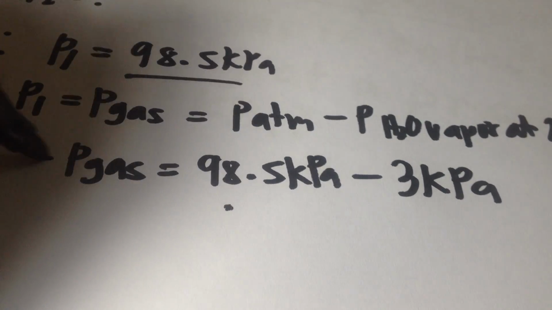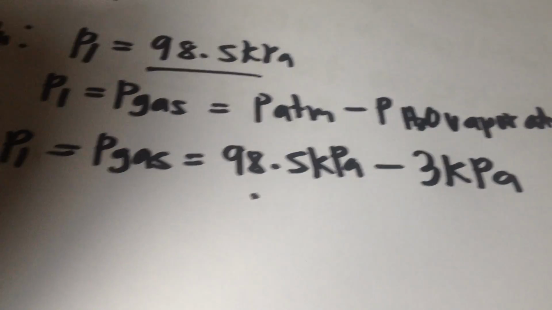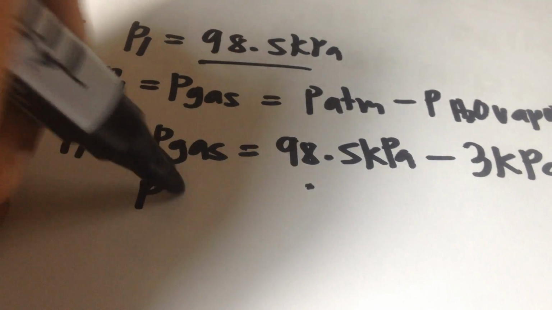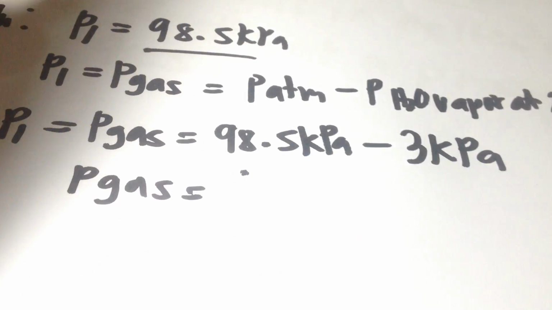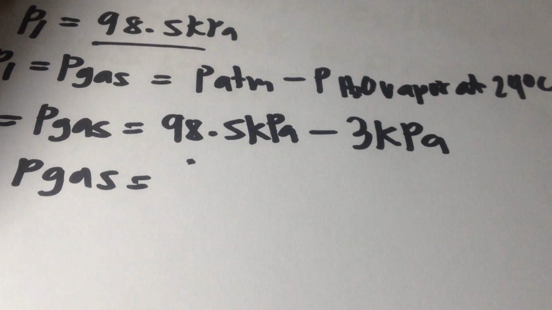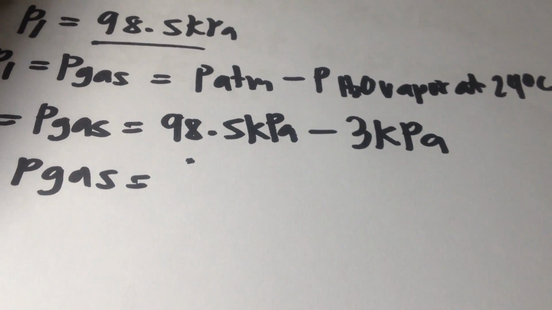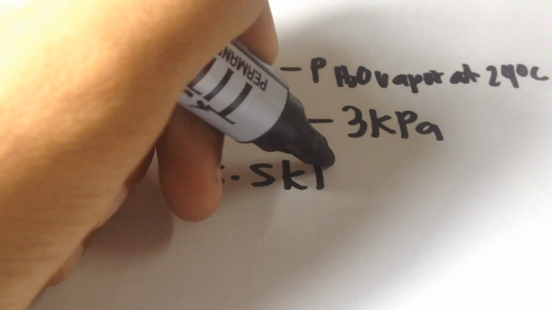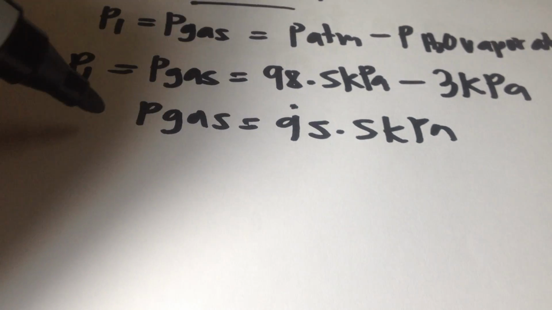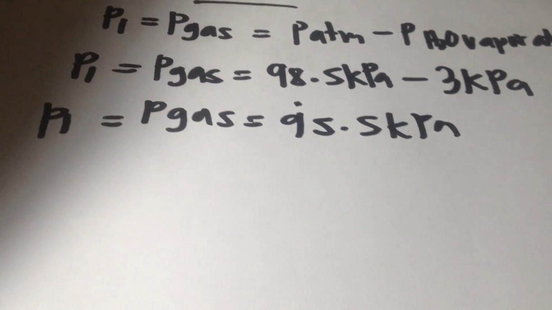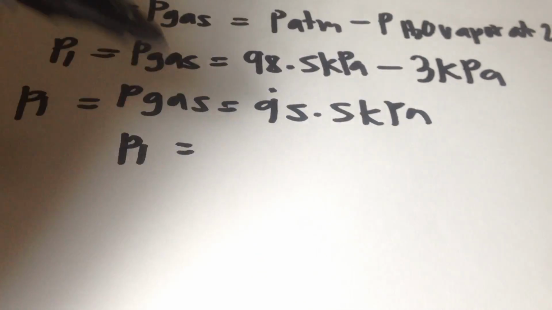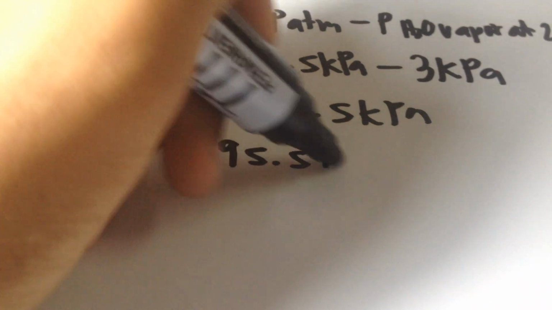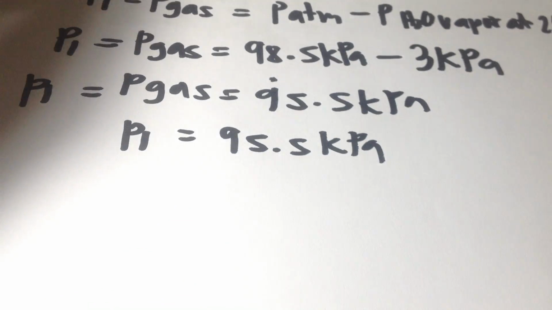So P gas is equal to 98.5 minus 3, which is equal to 95.5 kilopascal. So our pressure 1 is equal to 95.5 kilopascal.